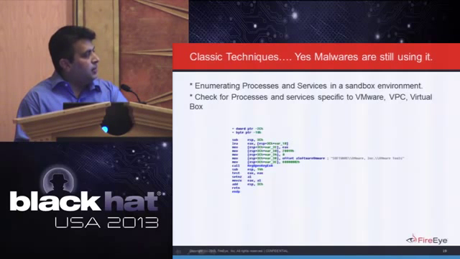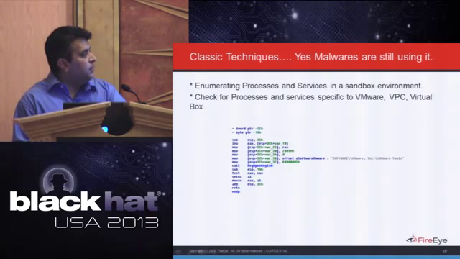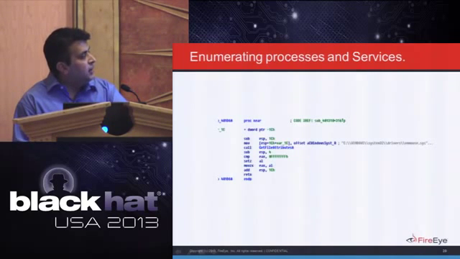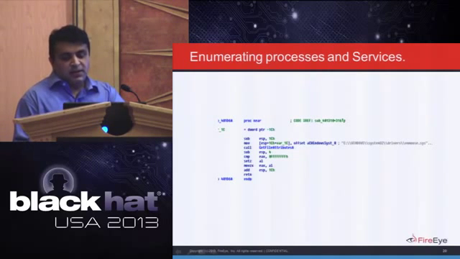Once the code is able to locate the processes and services specific to VirtualBox, VMware, or Virtual PC, it will know that it is executing inside a virtual machine, and it can stop itself. In this case, it very specifically checks if vmmouse.sys is there. If it is able to locate vmmouse.sys, then it is obvious that it is executing inside VMware and it can stop its execution.